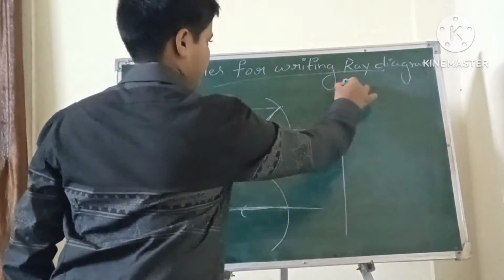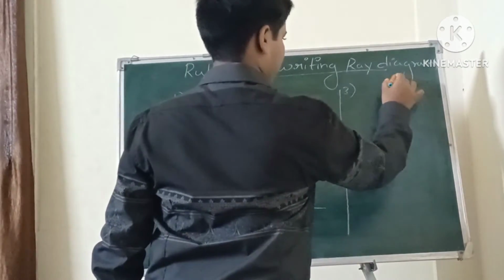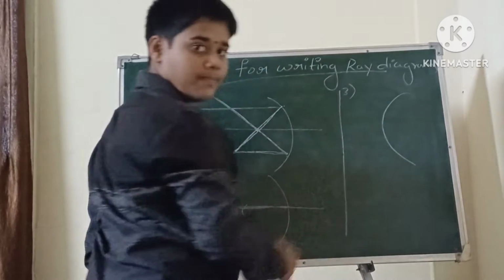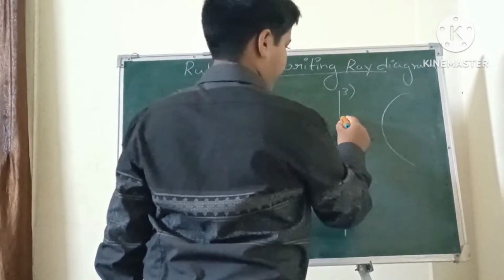And the third rule, in a convex mirror: if the incident ray is like this, the reflected ray goes like this.